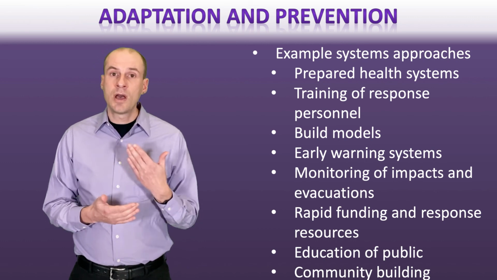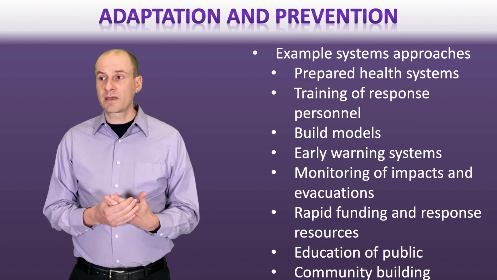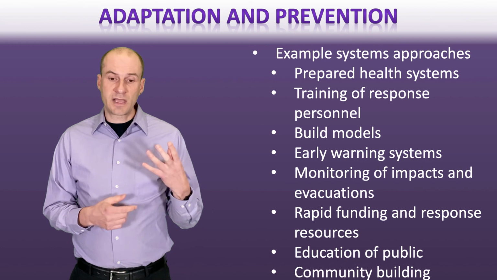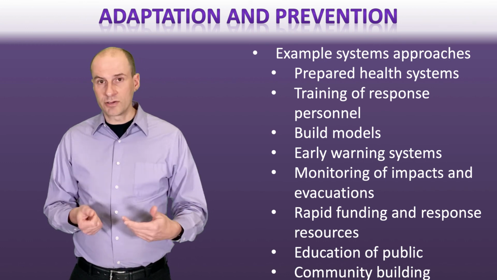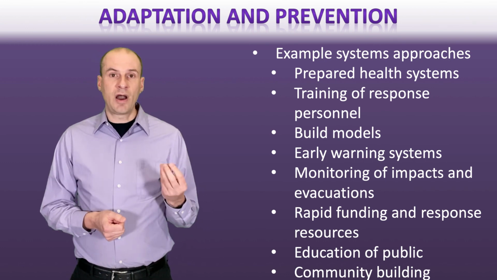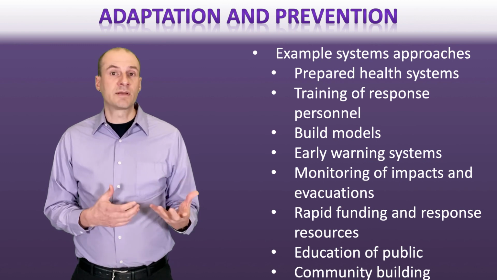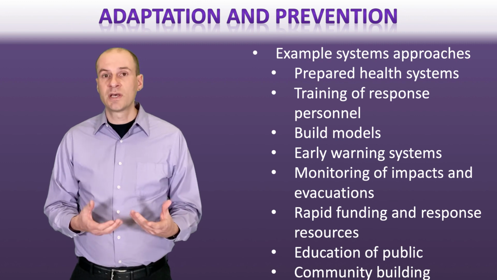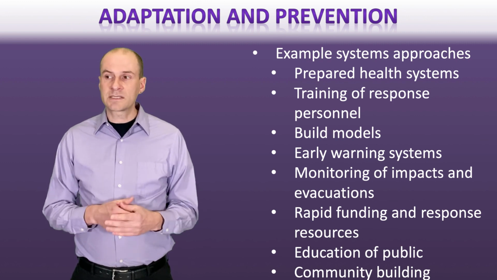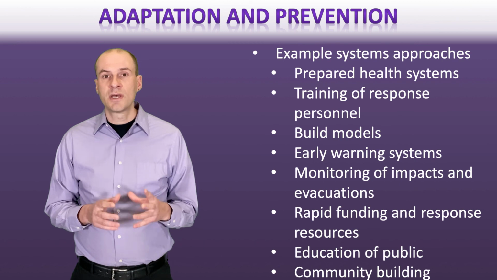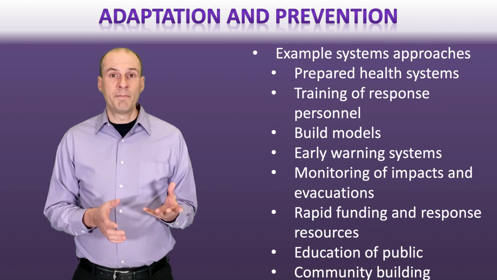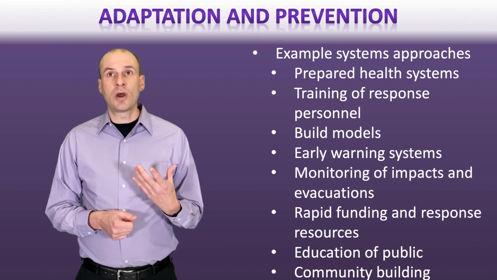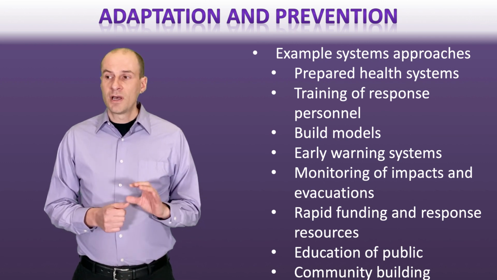So I've already talked about a bunch of different considerations that we need to think about for ensuring that people have chronic care taken care of, that we are prepared to deal with different types of trauma or drowning or other types of situations that might have impacts in those situations. Also making sure that our medical personnel and emergency response personnel are trained to help people in these situations.